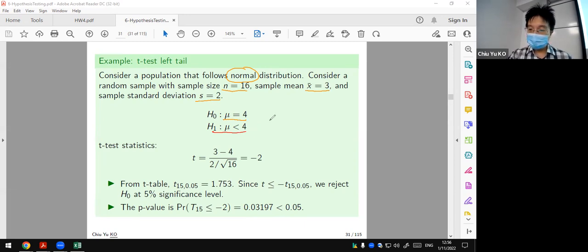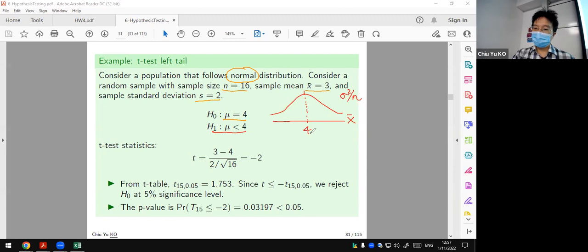So what we have is the following, right? We have an X bar here. If we know sigma square, then it's a bell, right? There's no problem. According to the null, this is 4 here.